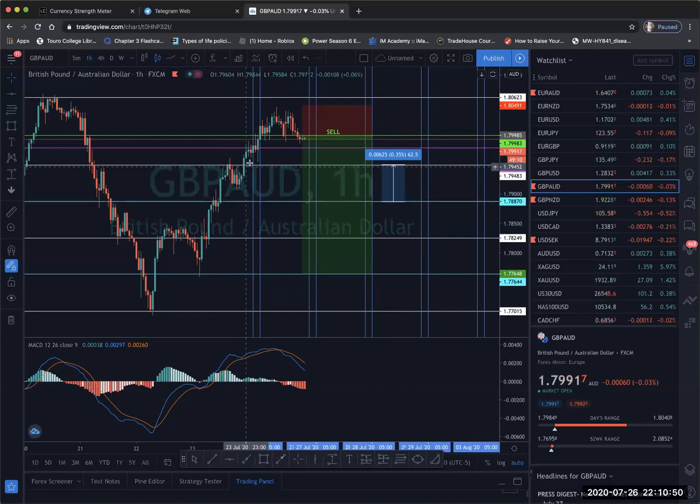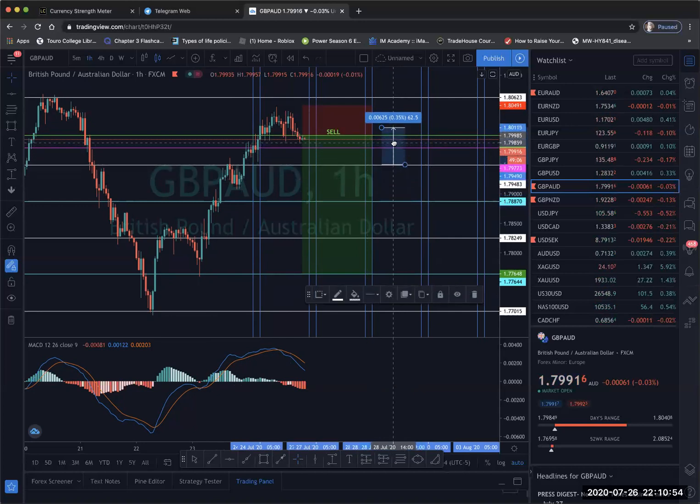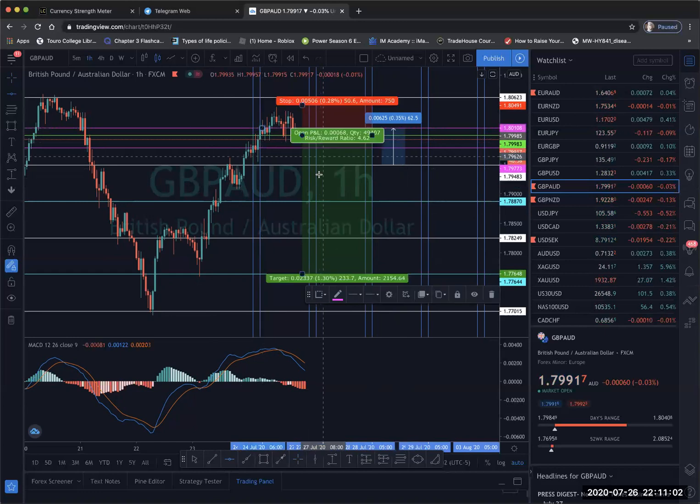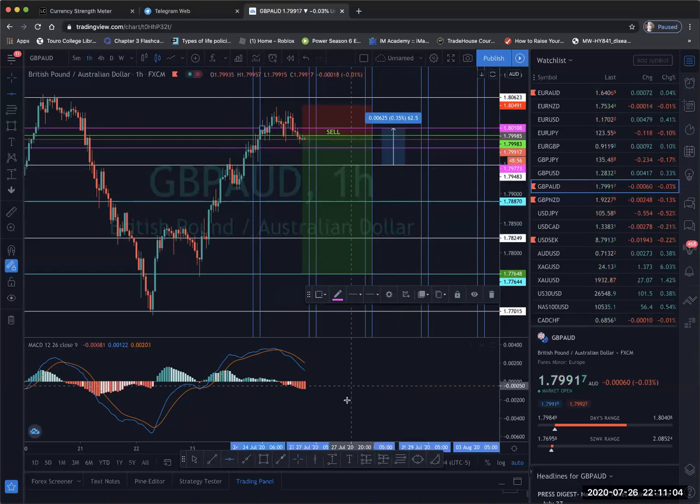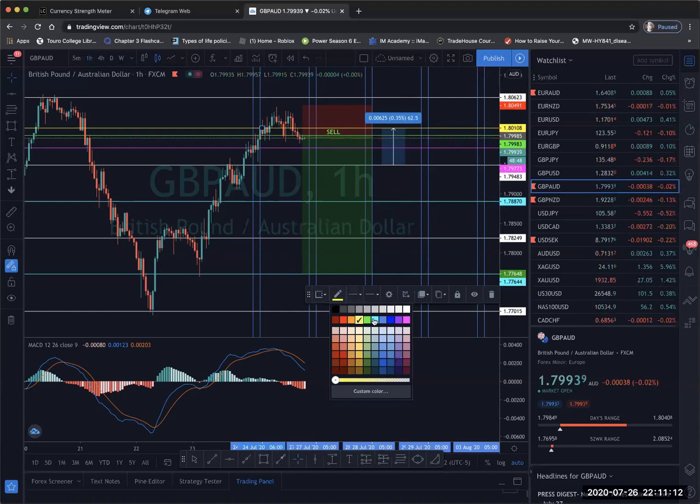So it goes up some more, boom, from here to here. This is the point of structure that it broke through and retested, and that is why I sent out the sell execution. Let me change that to yellow. Actually, it wasn't yellow. On this chart, it's blue, so I'm gonna make it blue.